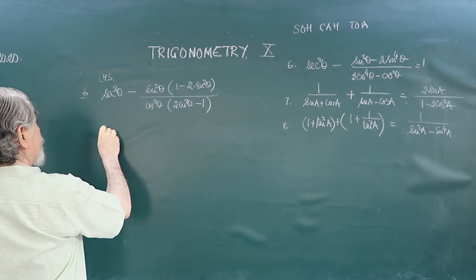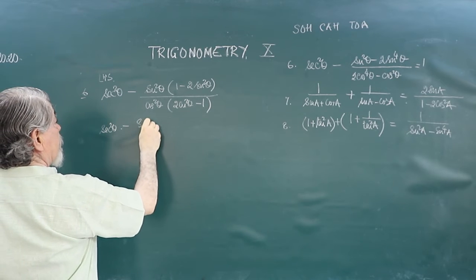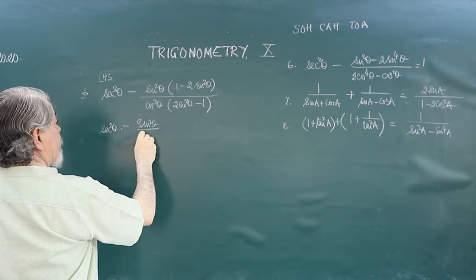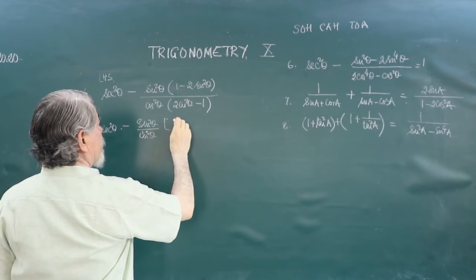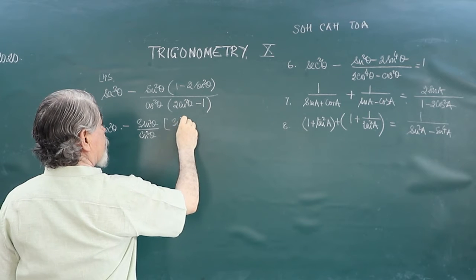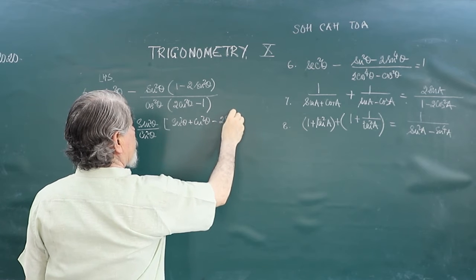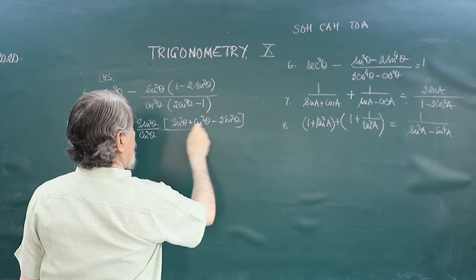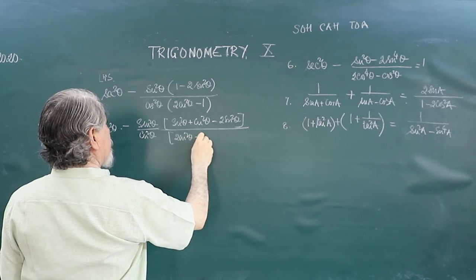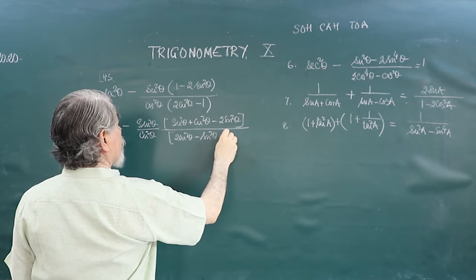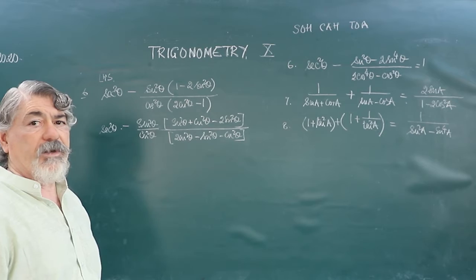So it will become sec square theta minus sin square theta upon cos square theta, and here it will become 1 minus, sin square theta plus cos square theta minus 2 sin square theta, and upon this will become 2 cos square theta minus sin square theta minus cos square theta, because I am just directly opening the bracket, not writing them separately.